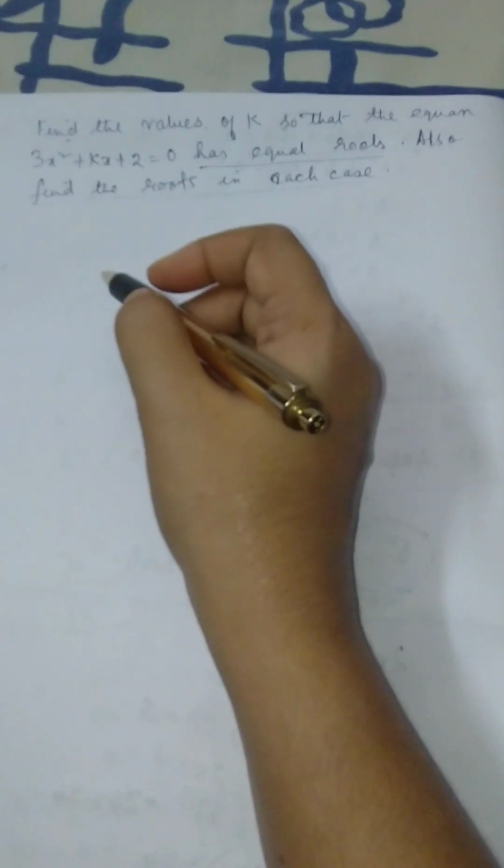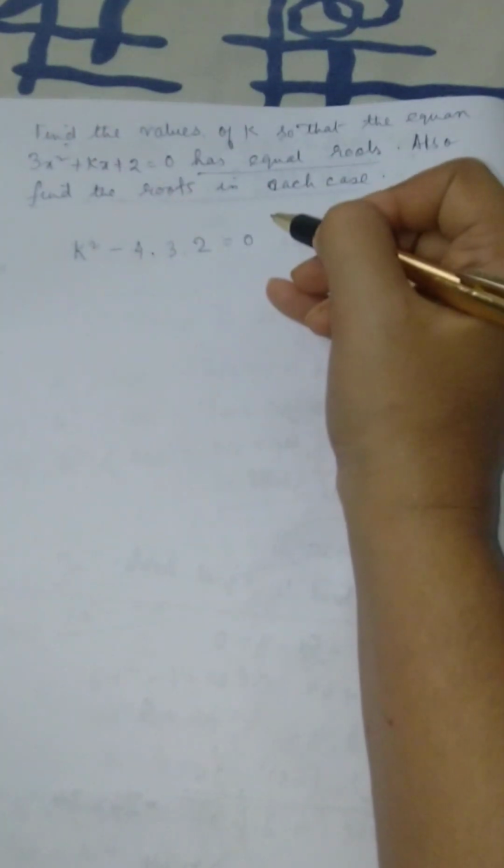So it is like this. If we compare, we will get k square minus 4 into 3 into 2 equals 0. Why?